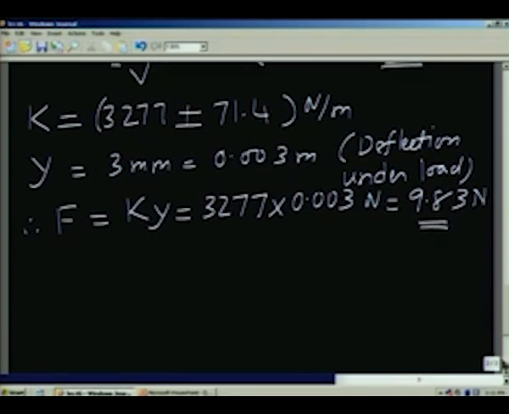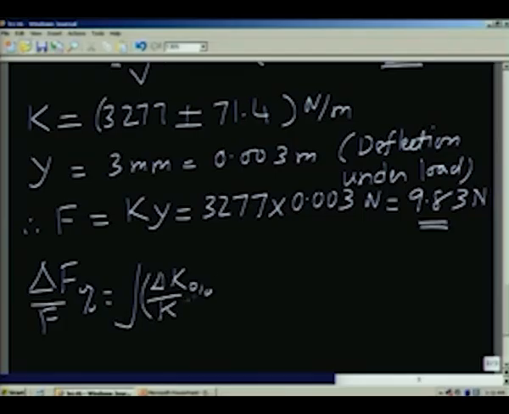And again I can use the same approach. K is susceptible to error, we already know, y is also susceptible to error. Therefore, I can also calculate delta F by F in percentage is equal to square root of delta K by K in percentage whole squared plus delta y by y percent whole squared.